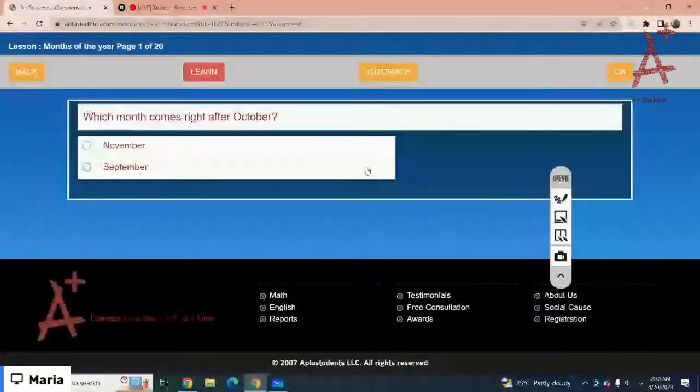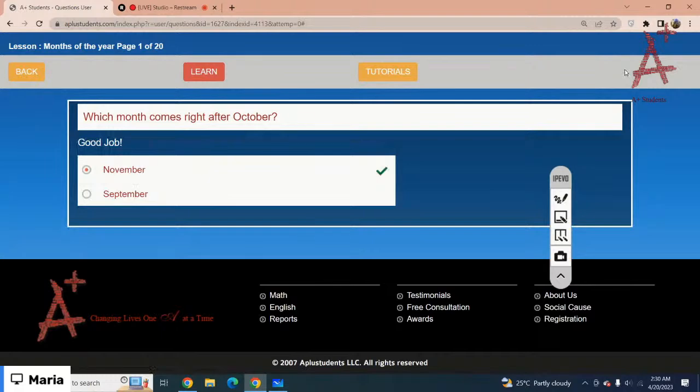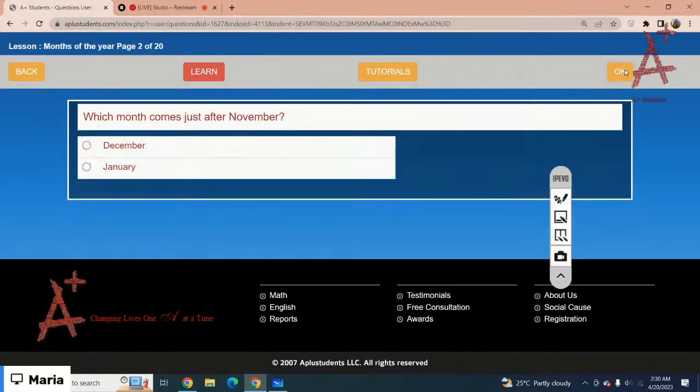Which month comes right after October? So which one is it? After October, it would be November. Got it? Right after October, you have November. Which month comes just after November?